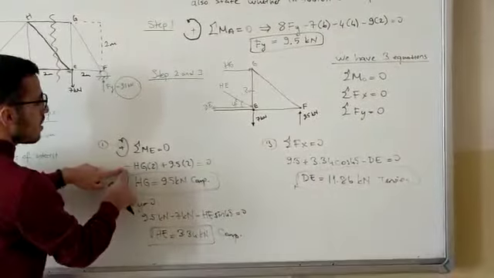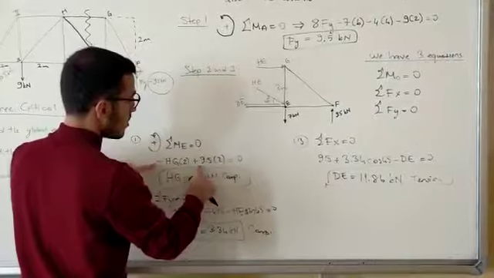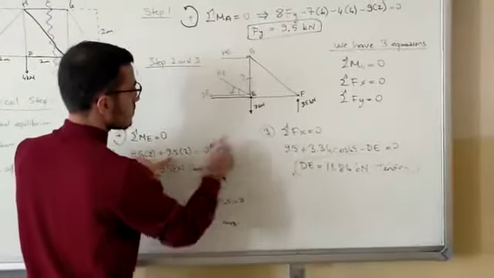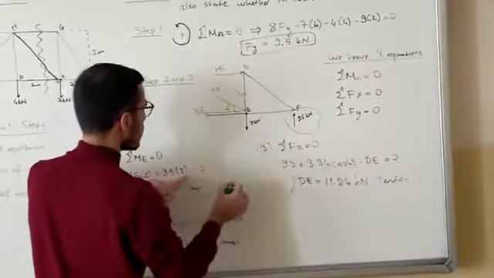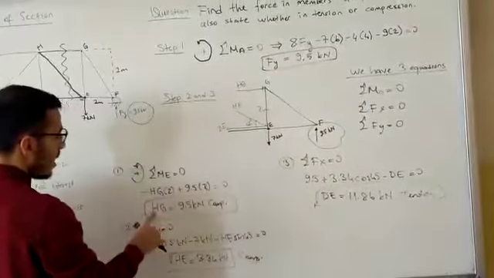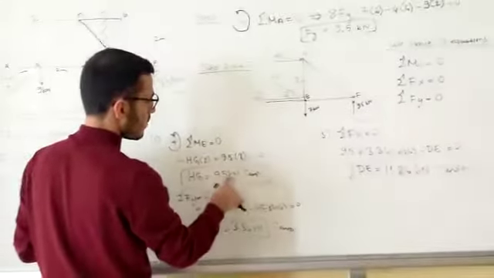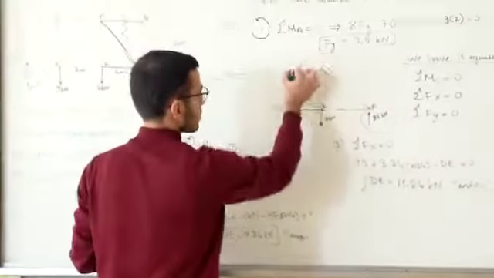This must be minus because it's turning clockwise, and plus 9.5 multiplied by 2 is turning counterclockwise. HG equals 9.5 kN. We found it.